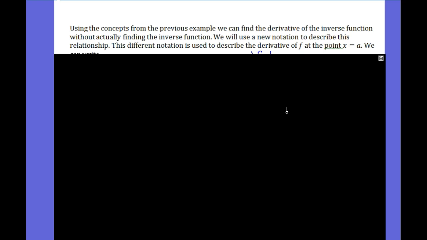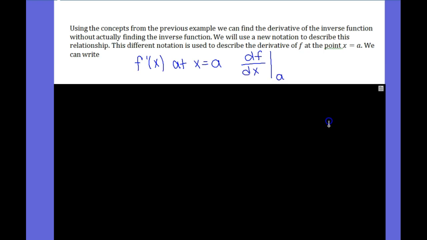So we are talking about the derivative of f, f prime, at the point x equals a. So the derivative of f is f prime of x at x equals a, or we can say the derivative of f with respect to x, and then use our new line notation and put the a.